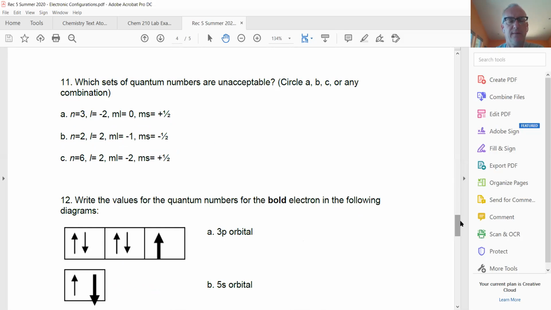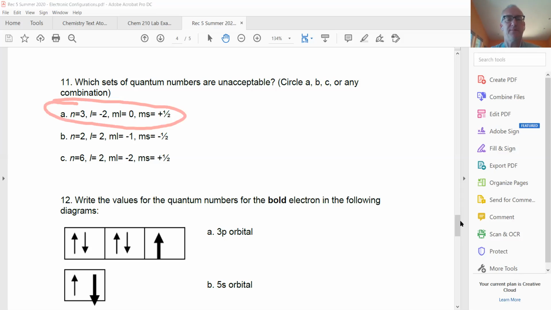All right, you want to know why? So you're saying B is unacceptable? Or which ones are unacceptable? A. That's right. A is wrong. What's wrong with A? Yeah, that is not correct.